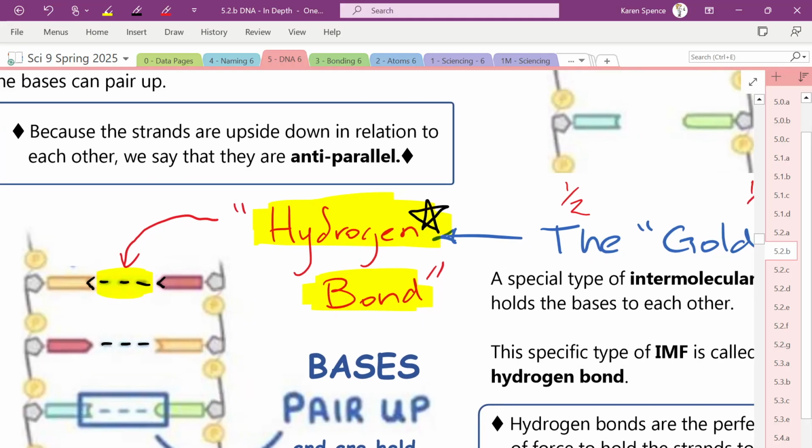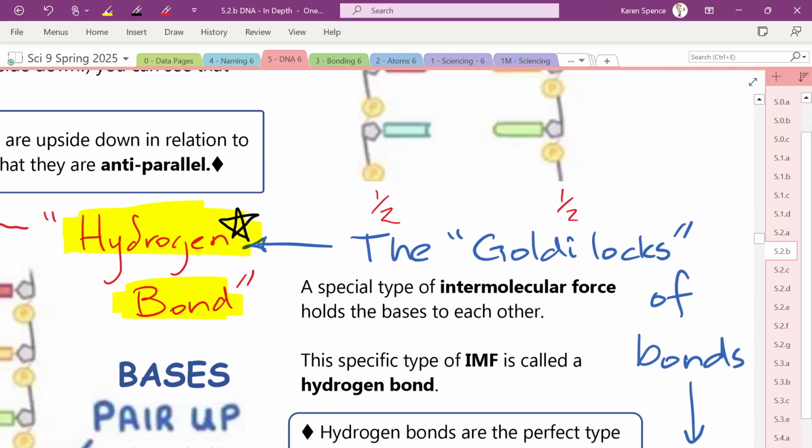I like to call it the Goldilocks of bonds. Do you guys know the story of Goldilocks and the three bears? So Goldilocks comes to the three bears' house while they go out for a walk and leave their porridge. You guys know the story? Yes?